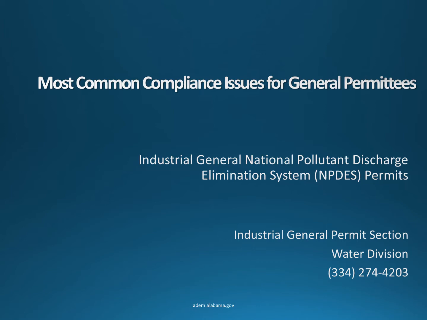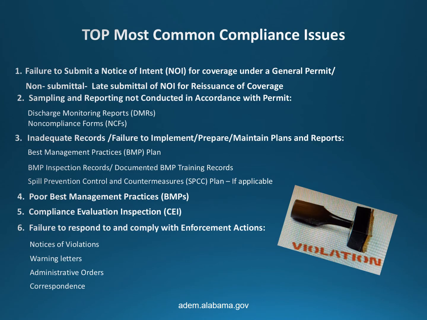Today we'll discuss the most common compliance issues that general permittees have in complying with the general permit. The topics we will cover are failing to submit a notice of intent for permit coverage and for reissuance coverage, sampling and reporting deficiencies.